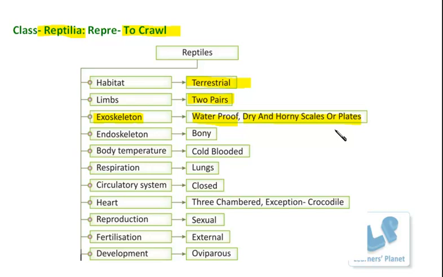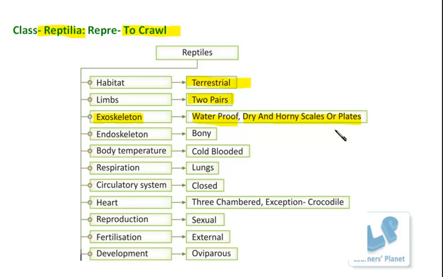So this is of course a very important feature of this particular group. You can just imagine the hard exoskeleton which is present in animals like crocodile, or in the case of turtles, how strong the exoskeleton is. So that is an important feature of this particular group.